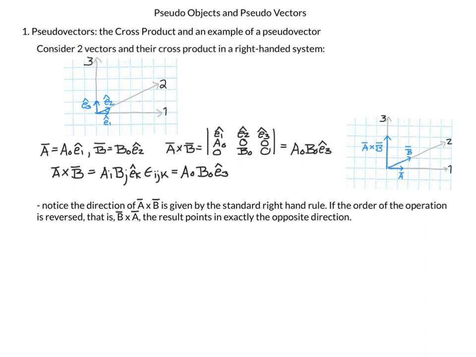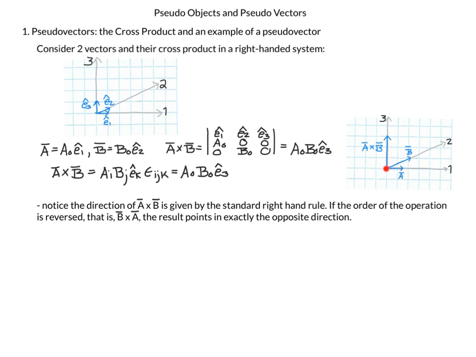So we're going to consider two vectors and their cross product in a right-handed system. Going back to the drawing, like your book likes for this chapter, we have the 1 axis this way, the 2 axis this way, the 3 axis this way. So here you have the standard E1 basis, E2, E3. And then we can produce two vectors, A and B. A can be solely in the E1 direction, and I have this written as an example over here.